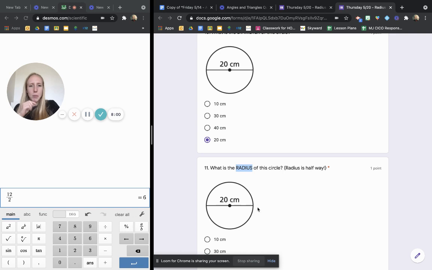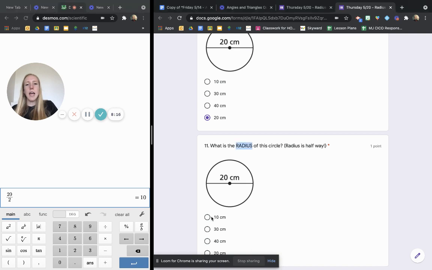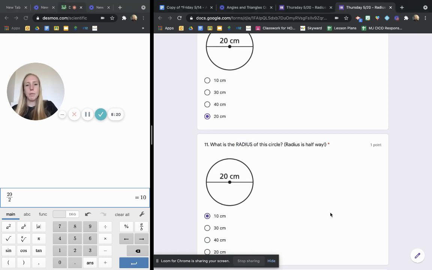If there was part of it on this side and part of it on this side, what would add together to get 20? There's a couple ways I can do it. I can just think about it in my head, or I can just do 20 divided by 2, because I want to know what 2 parts would add together to be 20. And it would be 10 centimeters. Okay, because this side would be 10 and this side would be 10.